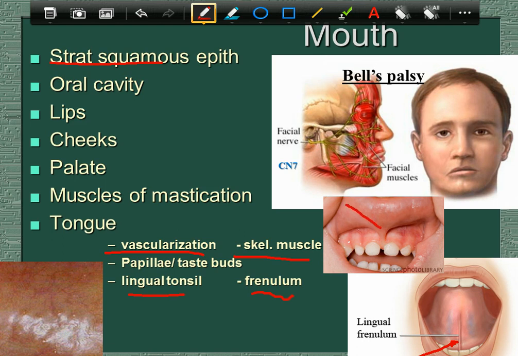There's another frenulum right there holding the underside of the lip to the gum, and you've also got one down here, although you can't see it. Good view of the inside of the cheek, inside of the mouth. Look at all those blood vessels, also highly vascularized.